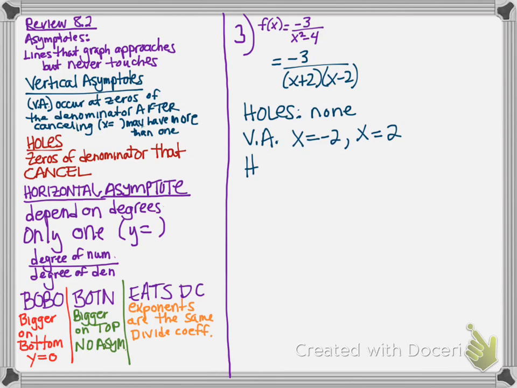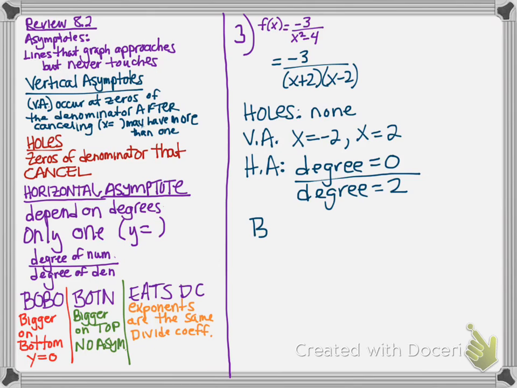The horizontal asymptote. Well, you go back to the original, before you even started factoring or anything, and look at the degree. The degree on the top, there's not even a variable, so the degree is 0 on the top, and on the bottom you have degree equal to 2.